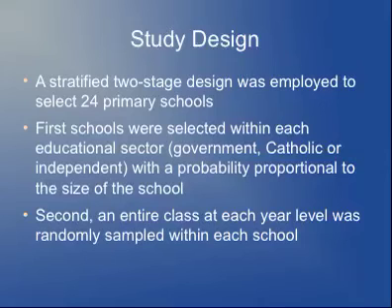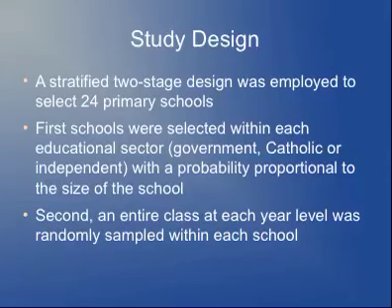And to select the schools, rather than giving them all equal probability of being selected, the probability of being selected was proportional to the size of the school. So a very large school had a greater probability of making it into the sample than a smaller school.